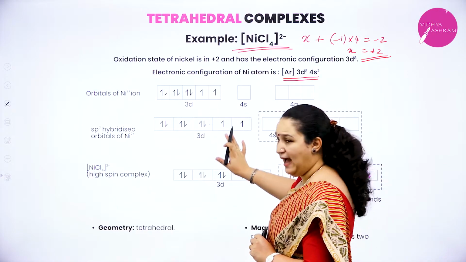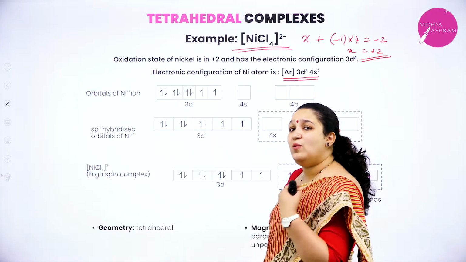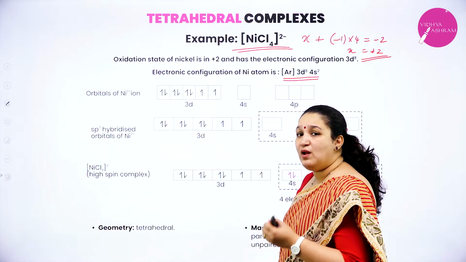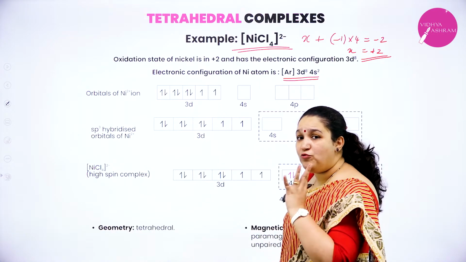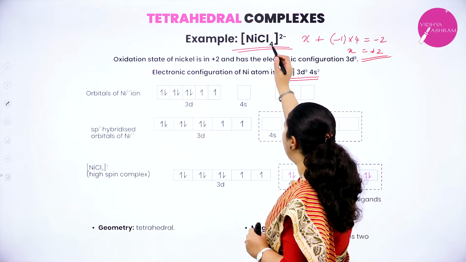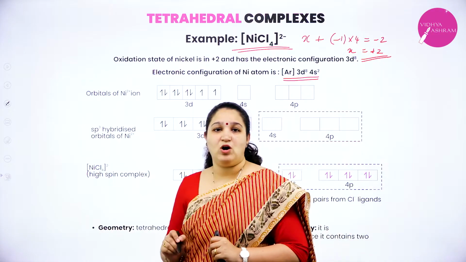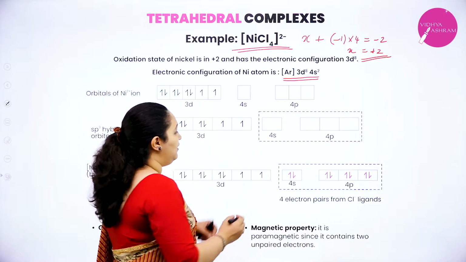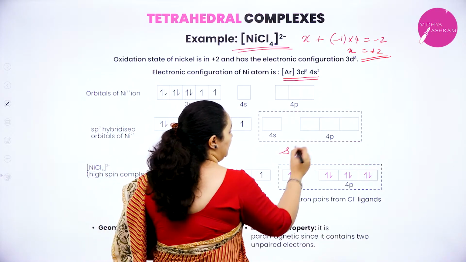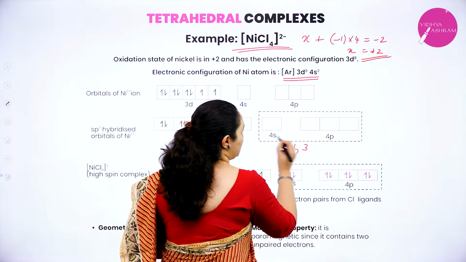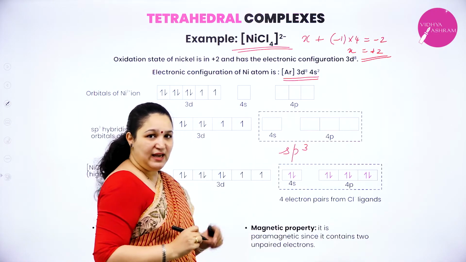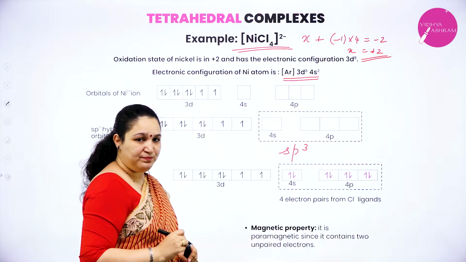This remains as it is, but it requires empty orbitals. How many empty orbitals? 4 because I have 4 ligands which is monodentate. So 4 empty orbitals, 1 s orbital, 3 p orbitals. So it is sp3 hybridization takes place.